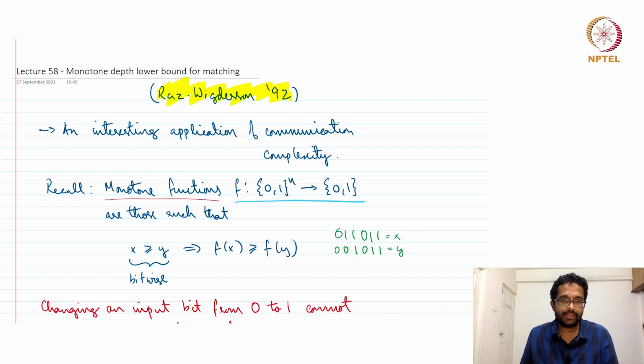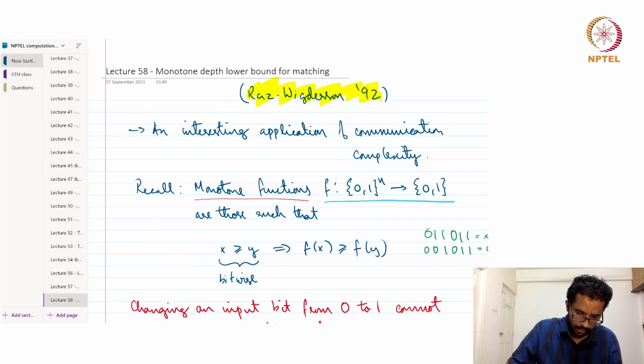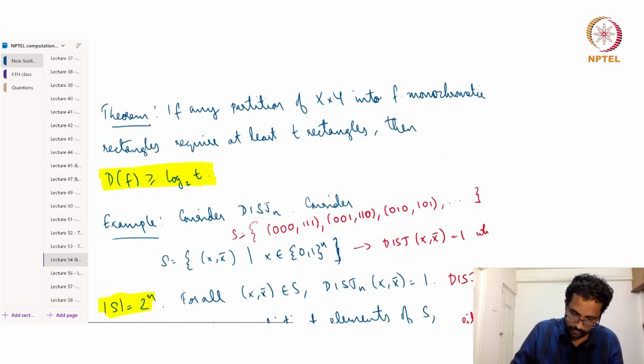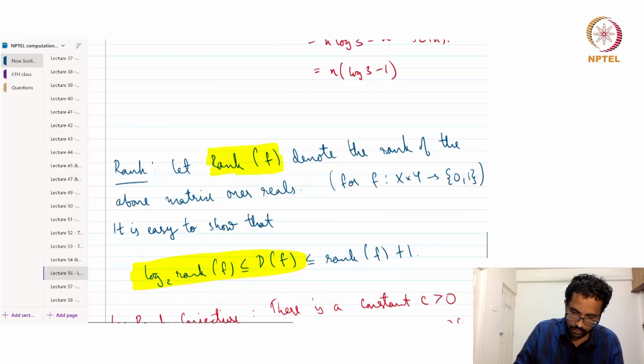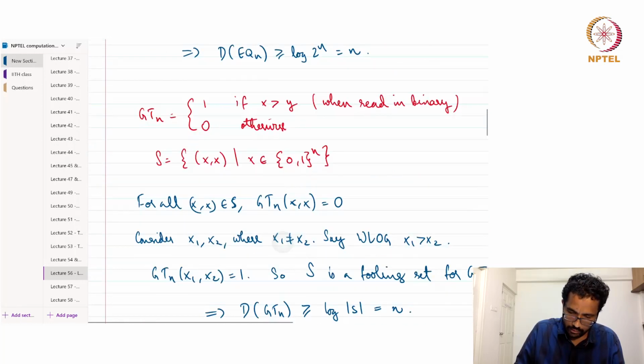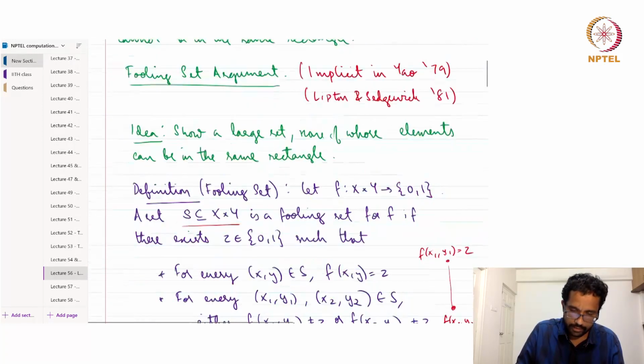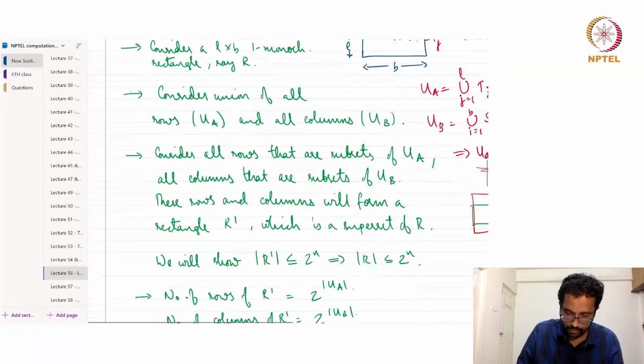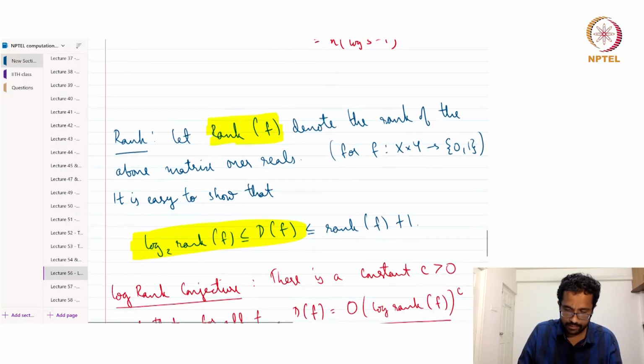Then we saw fooling set, then size based bound, and then we saw rank bound, and then we stated the log rank conjecture.